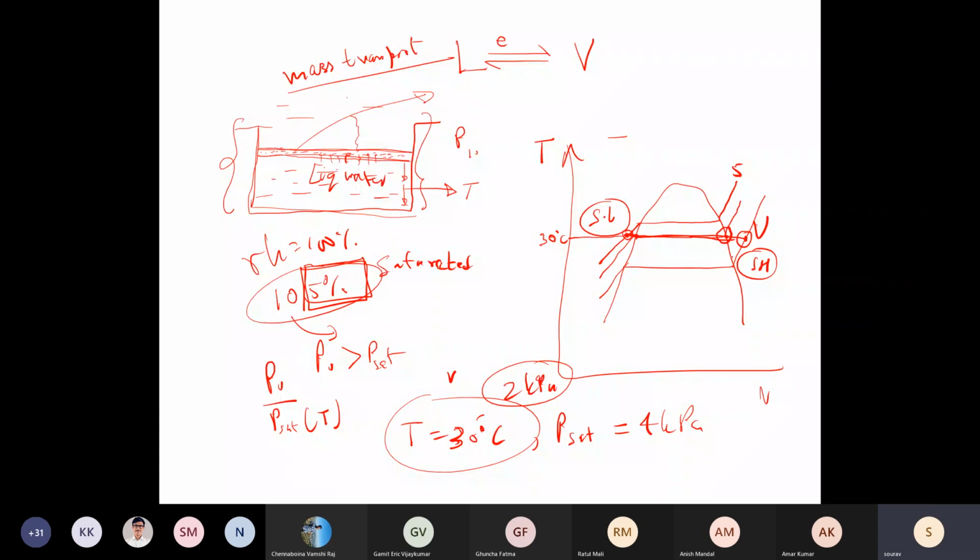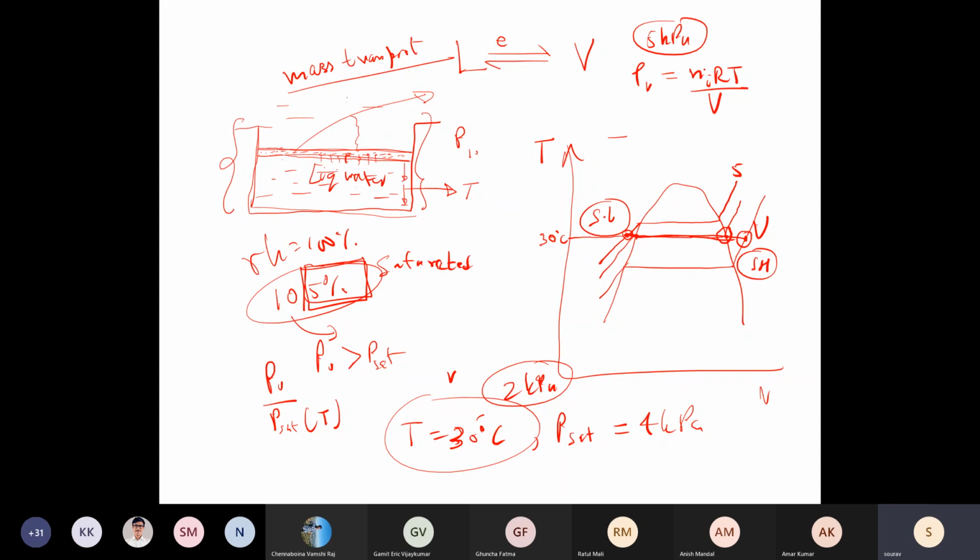And whatever number of moles, your initial number of moles will be, from P equals N initial RT by V, let's say V is the volume of the control volume we're looking at. So this corresponds to 5 kPa.